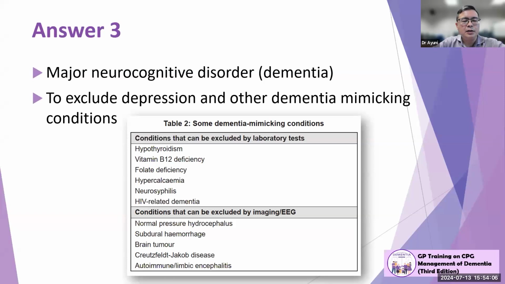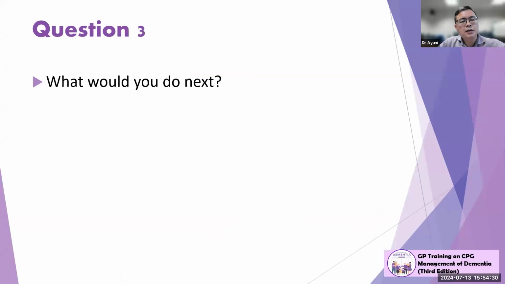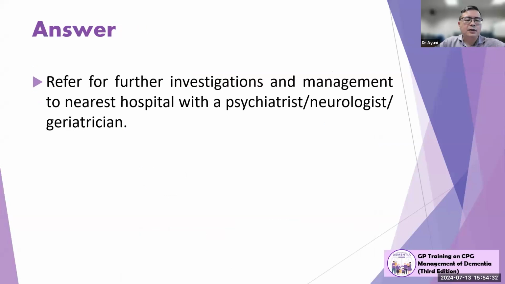That's why we have to do all these blood tests. Folate deficiency, hypercalcemia, syphilis, HIV-related dementia, or even diagnoses like normal pressure hydrocephalus, subdural hemorrhage, tumor in the brain, CJD, autoimmune limbic encephalitis. So what will you do next?